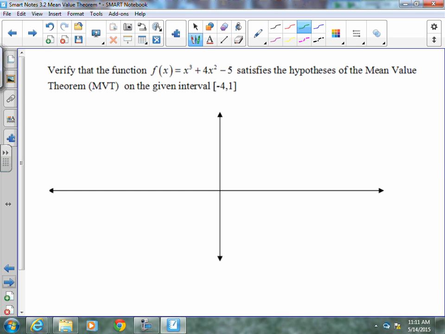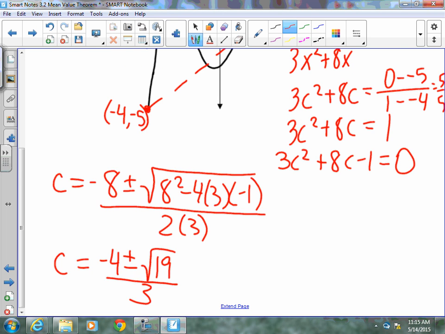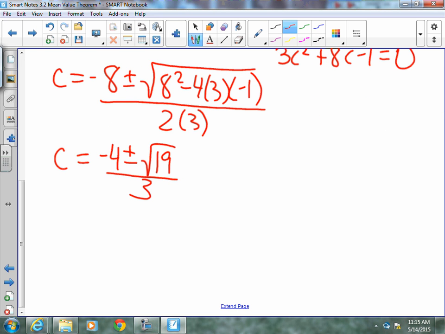Now, next one says, verify that the function x cubed plus 4x squared minus 5 satisfies the hypothesis of the mean value theorem on the given interval from -4 to 1. This radical notation doesn't mean a whole lot to us until we estimate, and we get c to be approximately 0.119 and negative 0.2786.